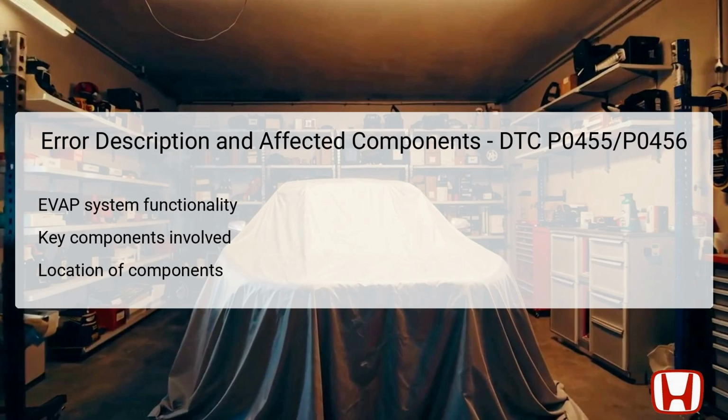All these components are strategically located around the fuel tank and engine compartment, with the canister typically situated within the rear of the vehicle near the fuel tank. Diagnosing issues related to these components is integral for ensuring compliance with emissions regulations and maintaining optimal vehicle performance.